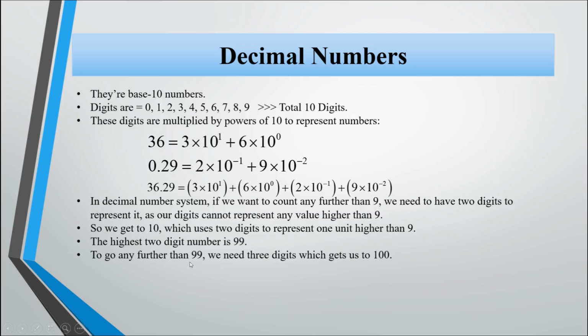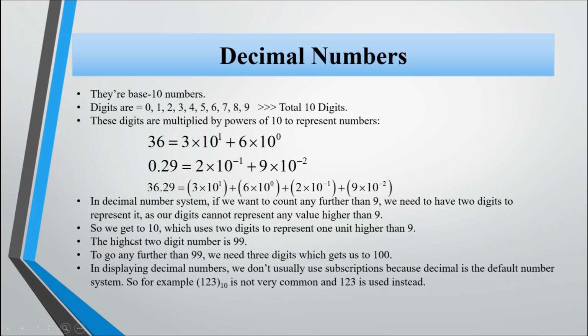To go any further than 99, we need 3 digits, which gets us to 100. In displaying decimal numbers, we don't usually use subscripts because decimal is the default system. So for example, 123 in base 10 is not very common, and 123 is used instead.